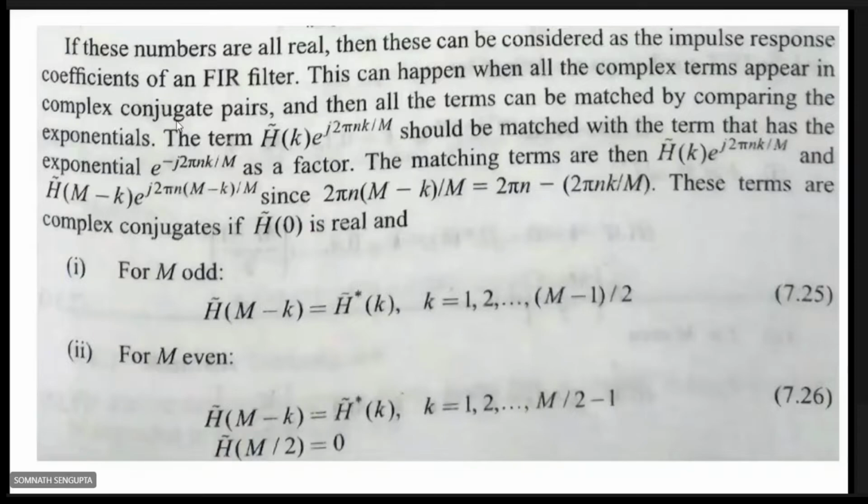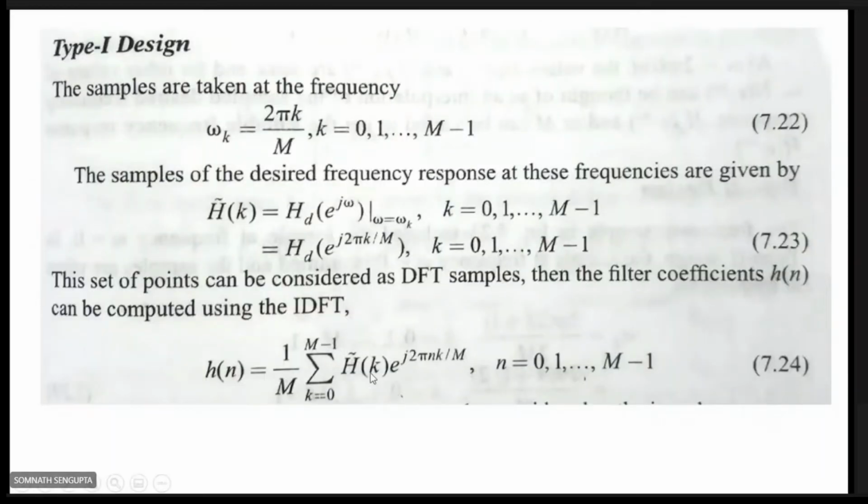So if you dissolve the series of this function, for one particular value of n, let us say h1, it would be 1 by m, sum over k equal to 0 to m minus 1, h cap k h tilde k e to the power j 2 pi n k by m. So n is 1, and in this case k will vary from 0 to m minus 1.